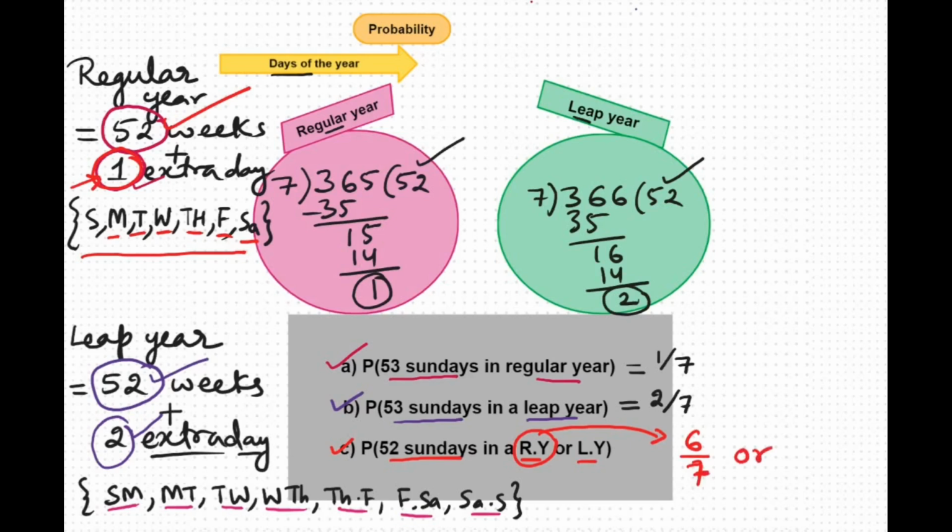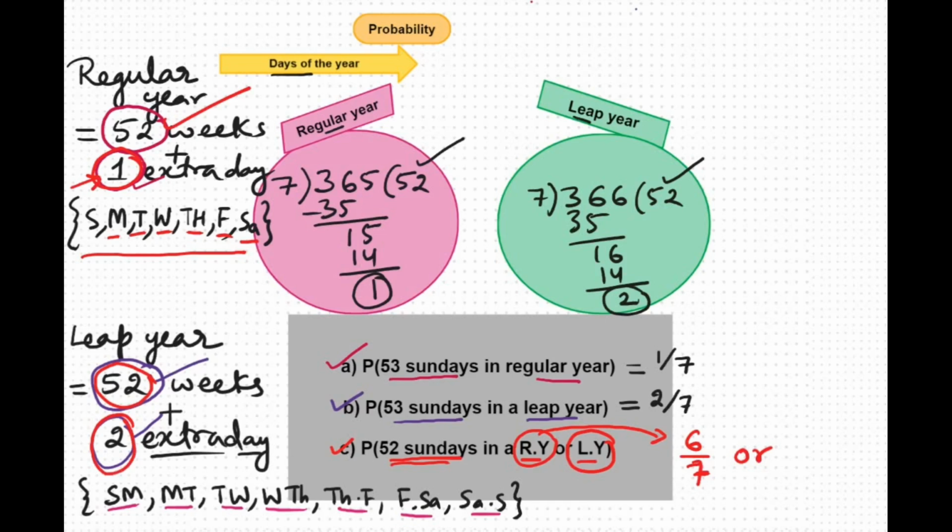Now let's answer the probability of having 52 Sundays in a leap year. Now watch the leap year information. So we want 52 Sundays in a leap year. So 52 weeks will have 52 Sundays. Now we have to see that the 2 extra days should not be Sunday.